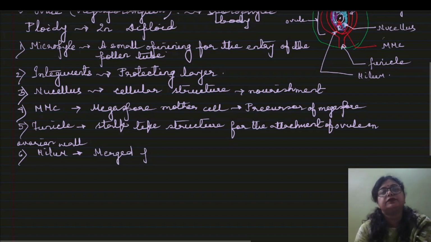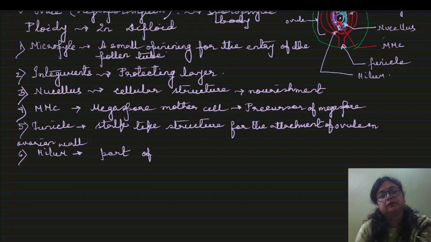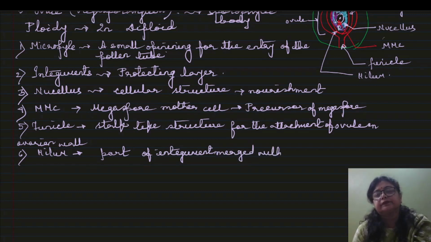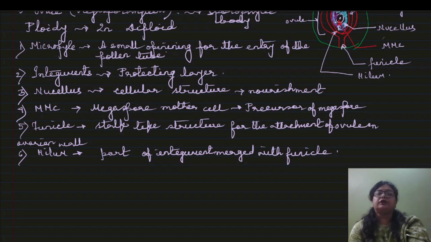Or you should write it this way: part of the integument merged with the funicle. So this is all about the structure of the megasporangium, the sporophytic body.